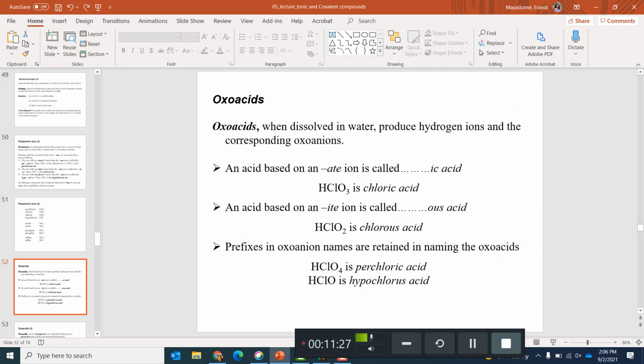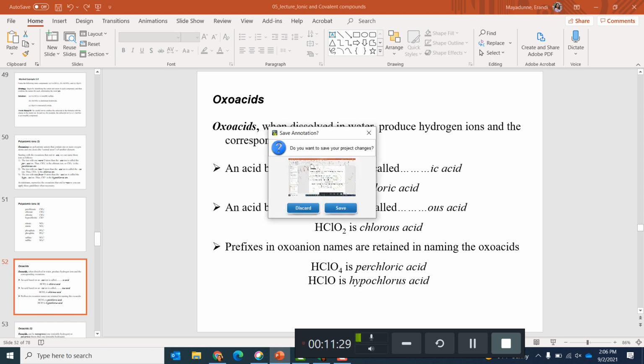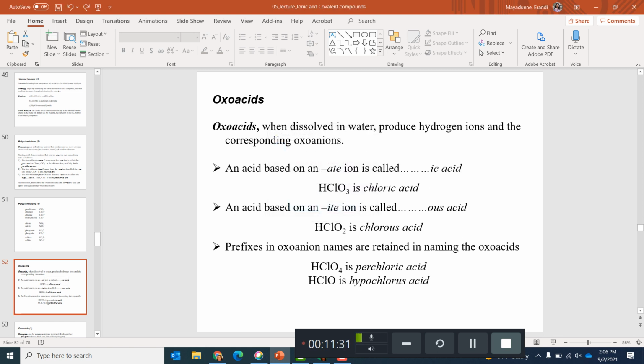For the naming of oxyacids, you name by the anion. So chlorate is the anion, the anion ends with ate, the acid is chloric. If the anion ends with ite, it's chlorous, so it's perchloric acid, hypochlorous acid. So it goes like that.